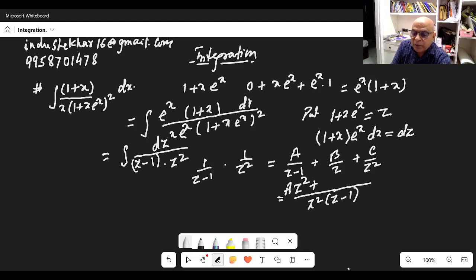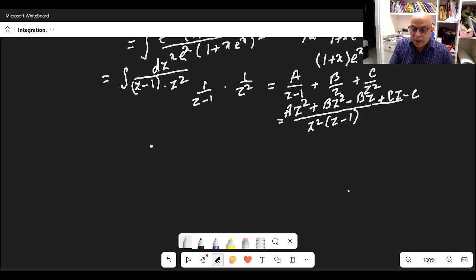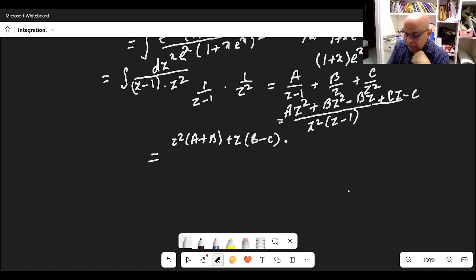One z, just remove it and then open the bracket, so z into (z minus 1), so z squared minus z, into B. So you can easily write it as B z squared minus B z, and then plus C by z squared. Z squared here gives Cz minus C. Now the next step, put together z squared, we will get A plus B, then z, we will write B minus C, and then in the last minus C.